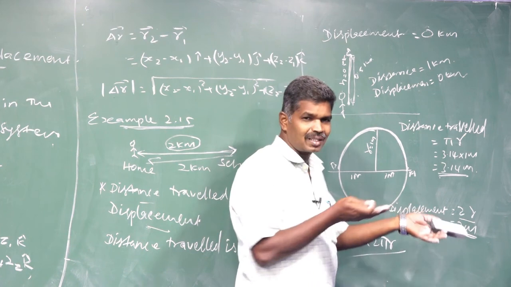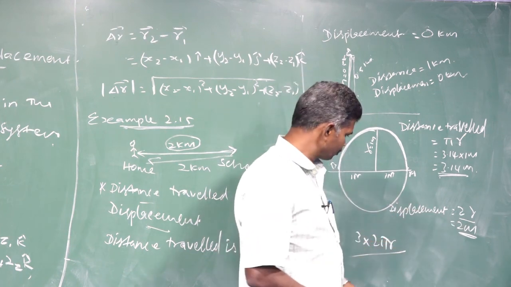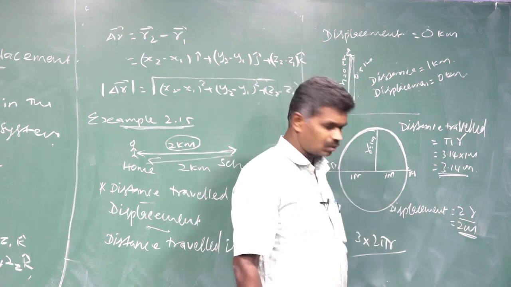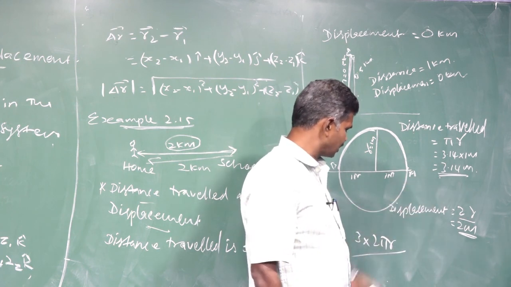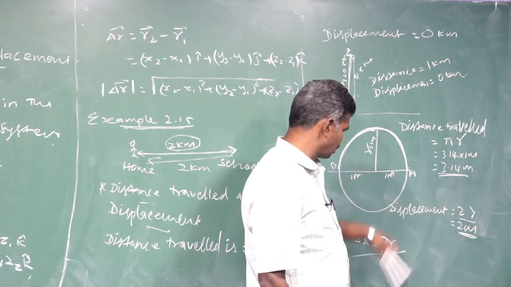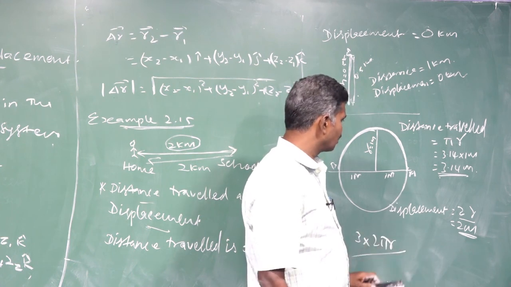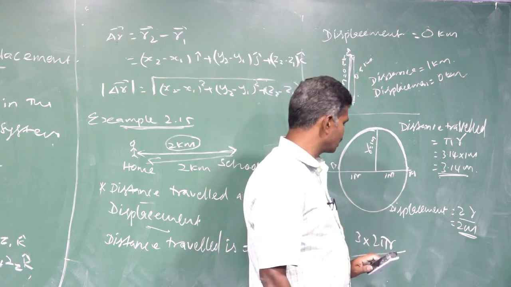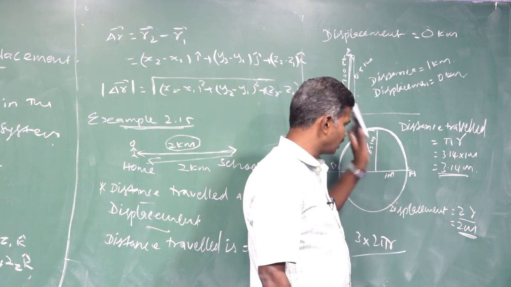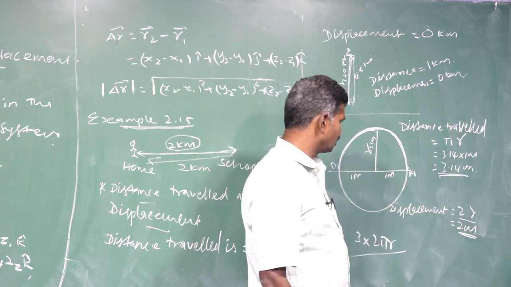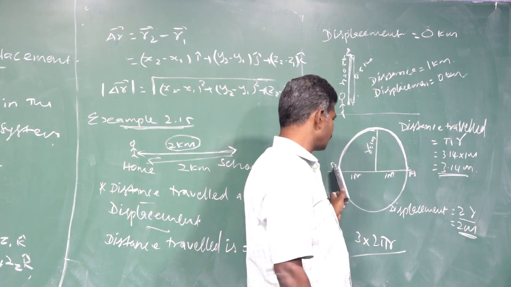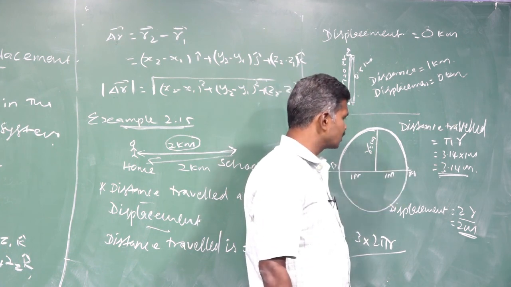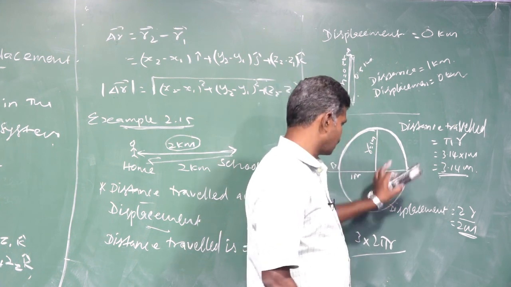If you complete 5 times, 5 into 2 pi r. The distance traveled value increases with how many times it completes the path. But if the initial and final positions are the same, the displacement value is 0.